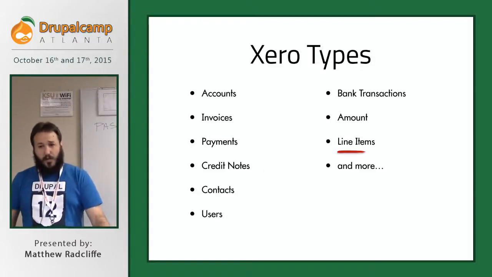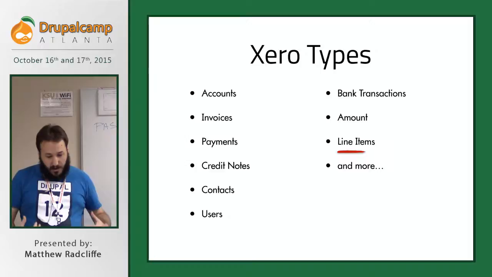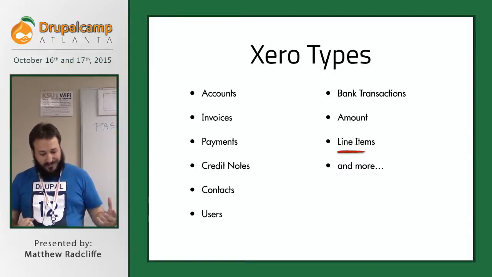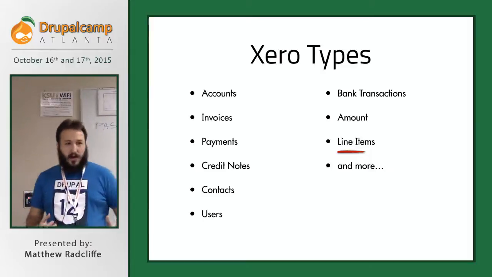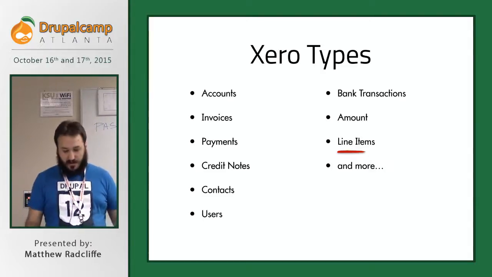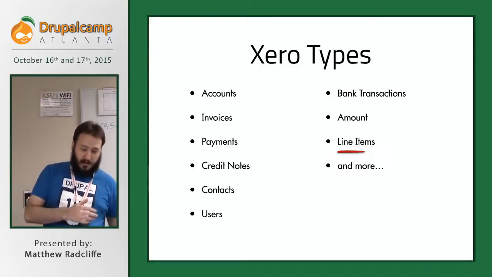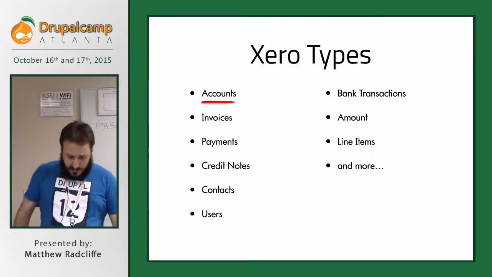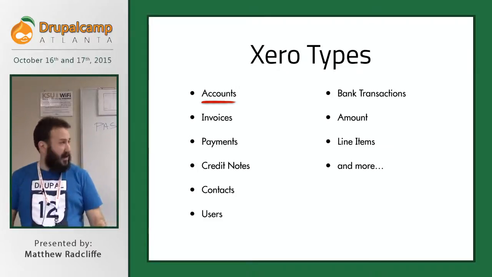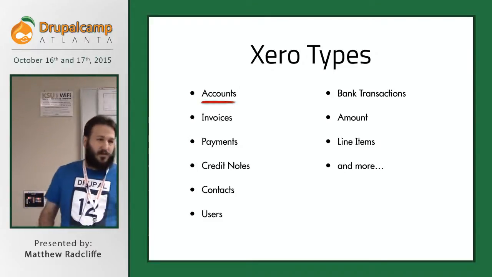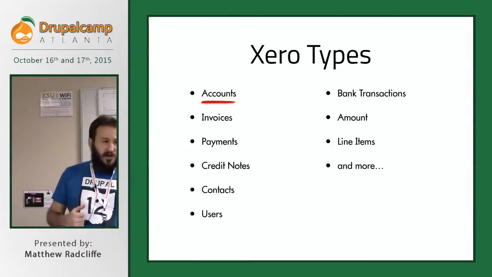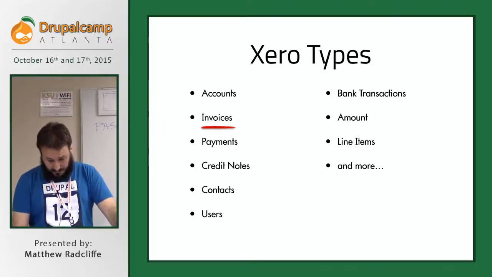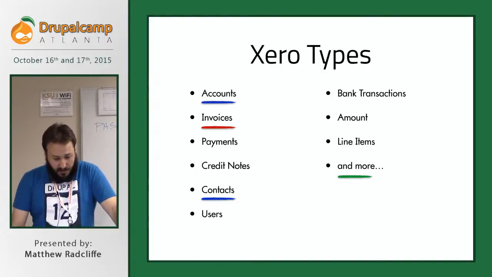So then I started looking at what kind of data I'm using, right? So in Xero, I have a whole bunch of data types, like line items, and invoices and payments. And these are all kind of complex things. Line items can be in invoices, they can be in payments. I have relatively simple types, like accounts, where it's just a sales account or a checking account or bank account. And so I have all these things and more.